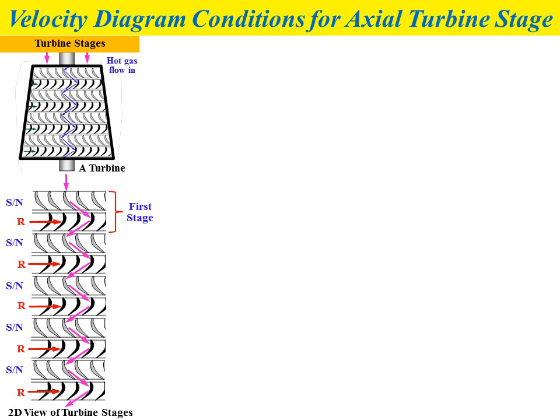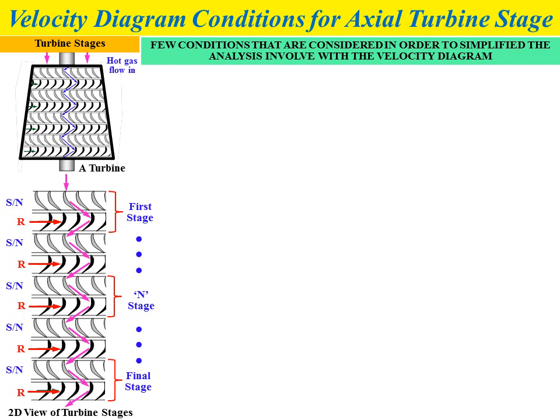If the turbine only has one stator and one rotor, we call it a single stage turbine. And the combination of stator or nozzle and rotor at the end of the turbine, we call the final stage of the turbine. The stages between the first stage and the final stage we call end stages.